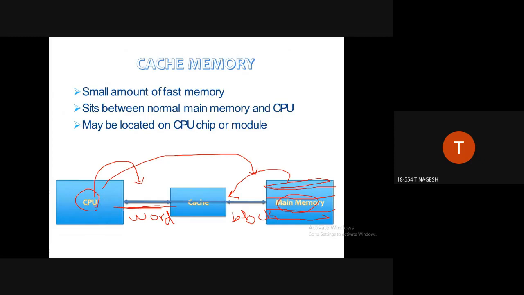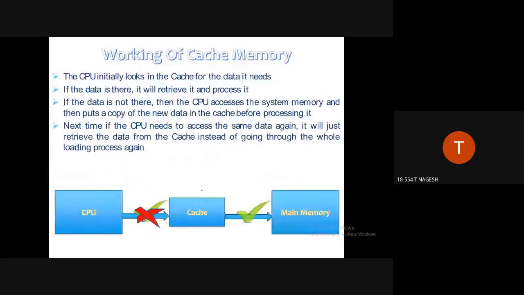But when it comes to the transfer between the processor and cache memory, the cache memory gives words of data to the processor. Whatever word of data the processor wants to access, it gives that word to the processor, right? That is how the transfer happens between cache memory and main memory, or cache memory and processor.